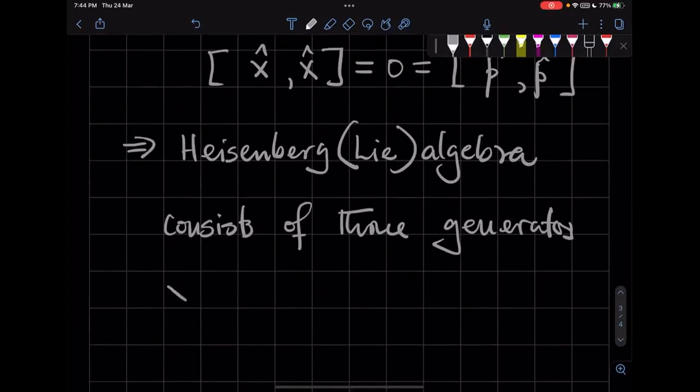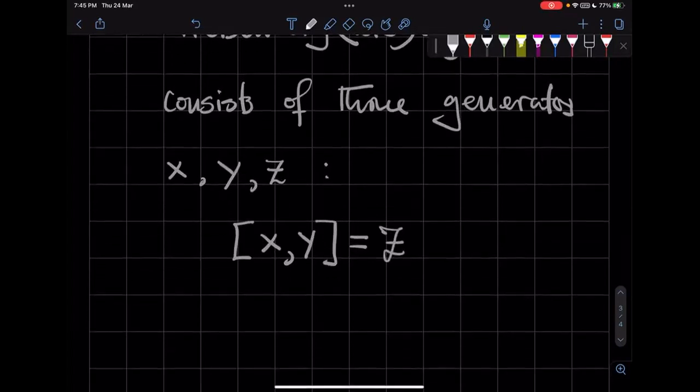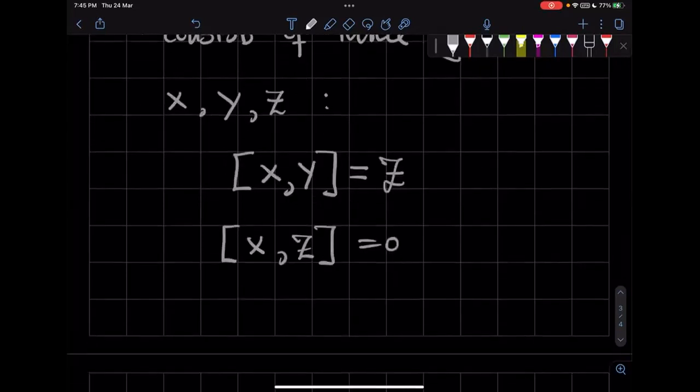These are X, Y, and Z, and they satisfy this commutation relationship. The commutator of X and Y is Z, and then X and Z commute. So Z is playing the role of i h bar, and the commutator of Y and Z is also 0.